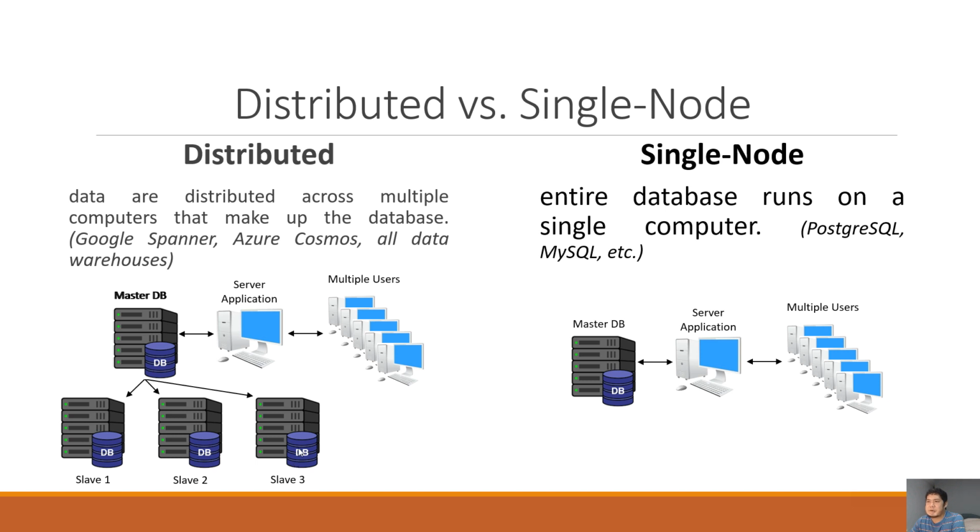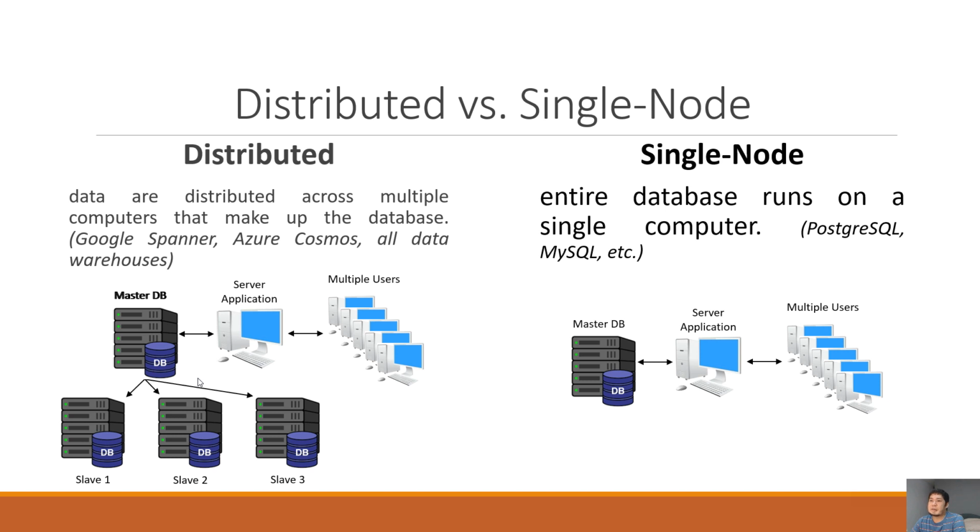The purpose of this implementation is that whenever the master database fails due to maybe hardware failure or network failure, transactions can still be completed because all data are available in the slave databases. So that's the concept of distributed.